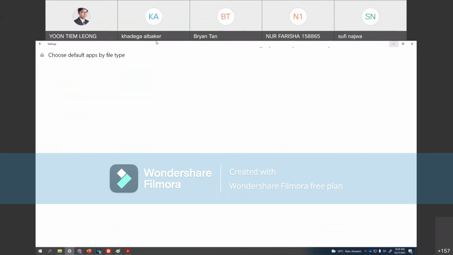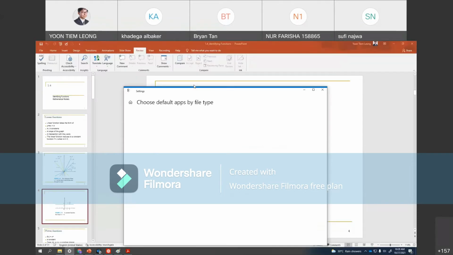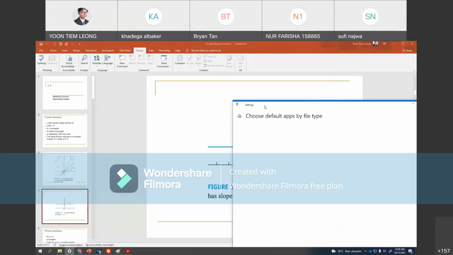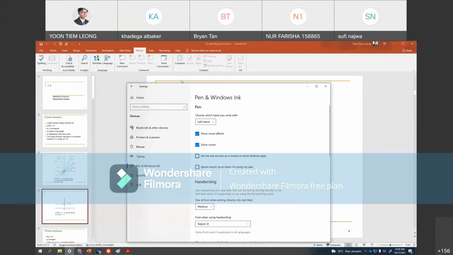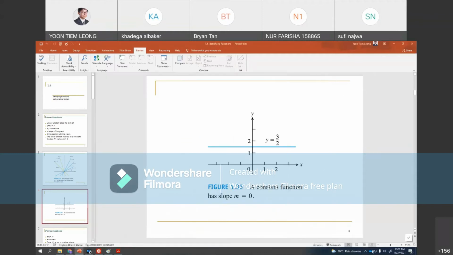Maybe I can try to have an ink. I think I just better give up on this.